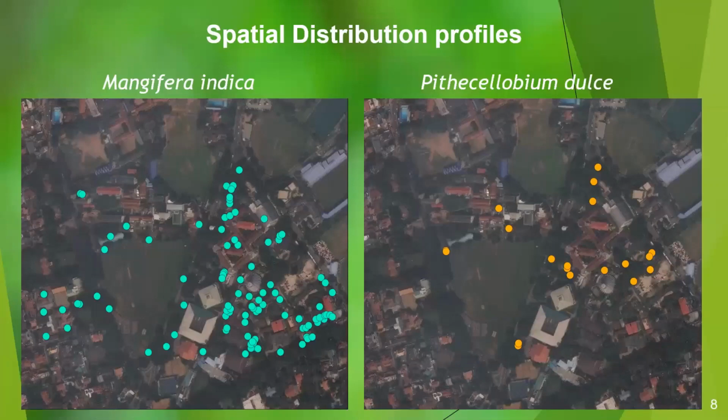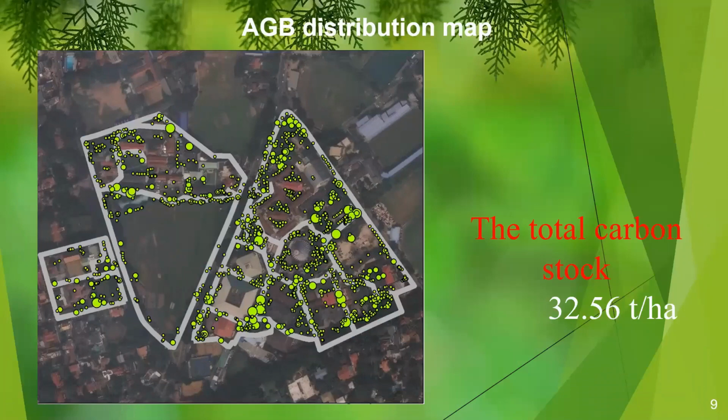And as I mentioned, we created the spatial distribution profiles of the selected plant species. And then we created the distribution map for the biomass of the trees within this university premises. The size of the circle is proportional to the biomass of the plants.